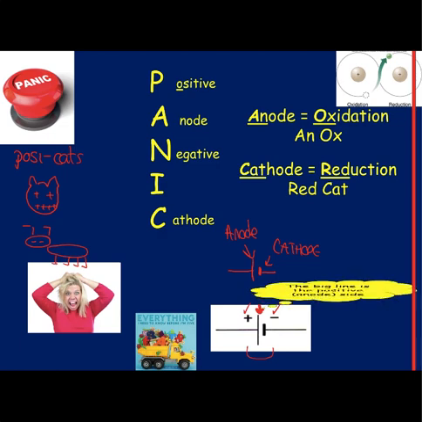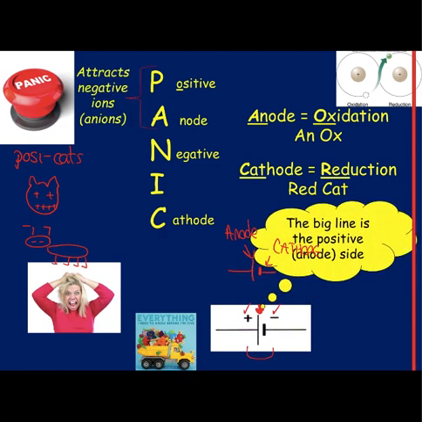Okay, yeah, big line is the positive. And just that, in terms of your anode is going to attract your anions, which are negative, and your cathode is going to attract your cations. So we're building now on what we did in Form 4.